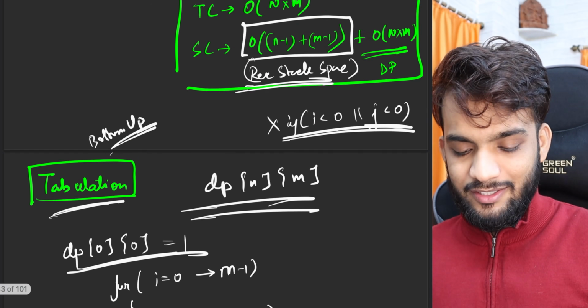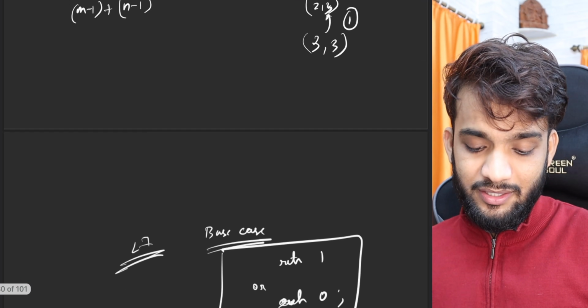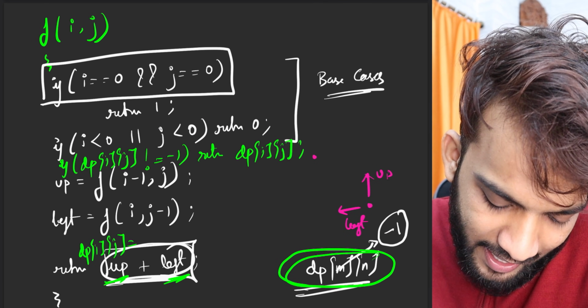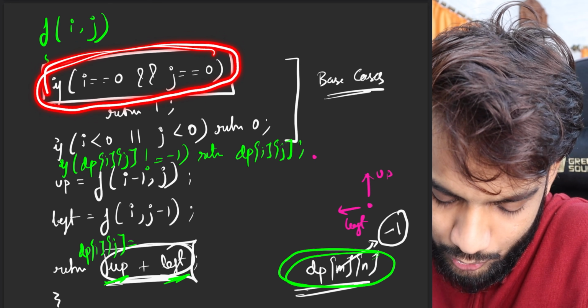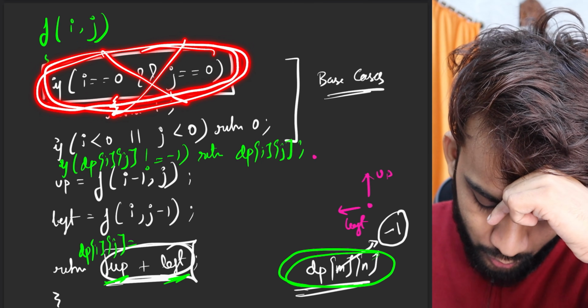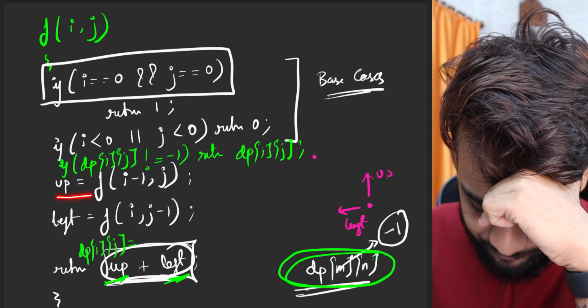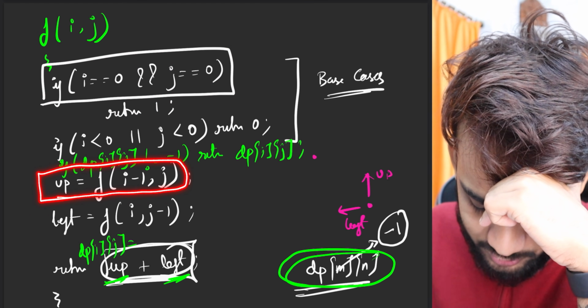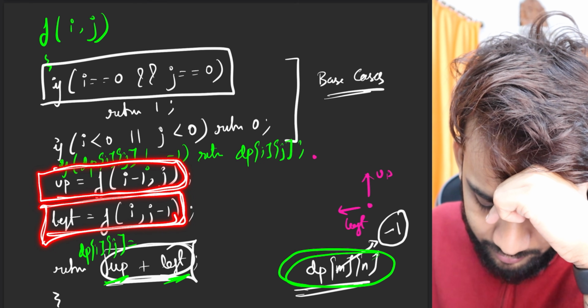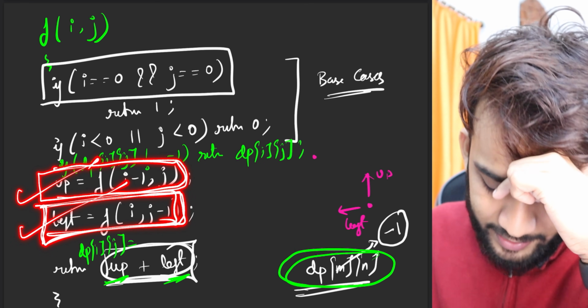Now let's analyze the recurrence. If i is equal to 0 and j is equal to 0, we stop here. But if it's not, then what do we do? We go to the lines which say up is equal to f of i minus 1, j, and left is equal to f of i, j minus 1. Just copy these two lines.